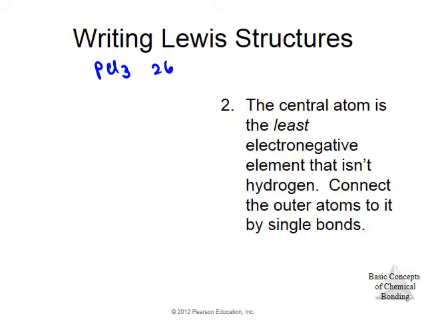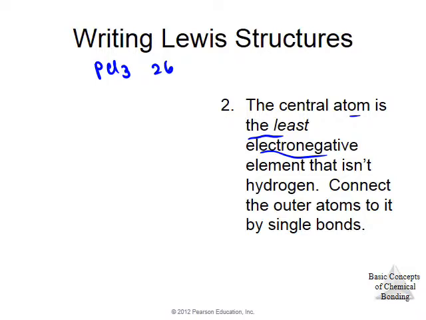Usually the central atom is the one which is least electronegative, other than hydrogen. If you have hydrogen, you cannot place it in the middle because hydrogen cannot have more than one bond, or one pair of electrons. When hydrogen gets one pair of electrons, it gets the configuration of helium, the closest noble gas. So keep this in mind.